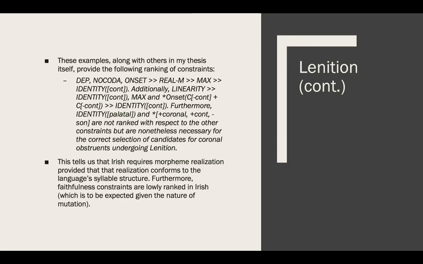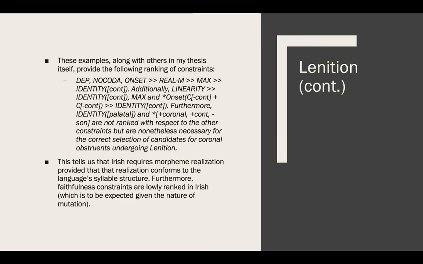That is, depth, no coda, and onset outrank realized morpheme, outrank max, outrank continuancy. Additionally, there are other relationships with linearity and complex onsets, as well as identity to palatalization and the prohibition of coronal fricatives, but I won't go into detail about that at the moment.